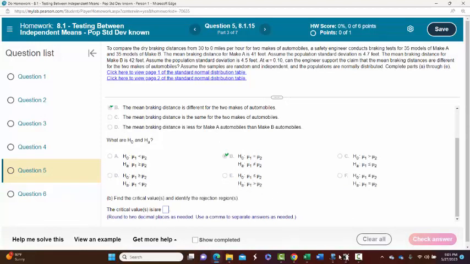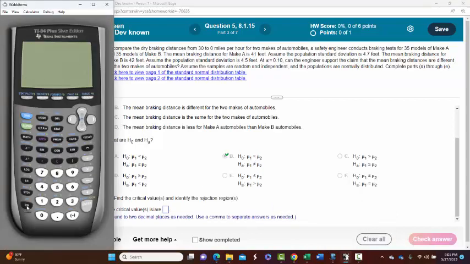So do this one in the calculator. If you go second distribution, inverse norm, 0.10 is two-tailed, 0.10 divided by 2, and then the positive of that number, so it wants 2 decimal places.